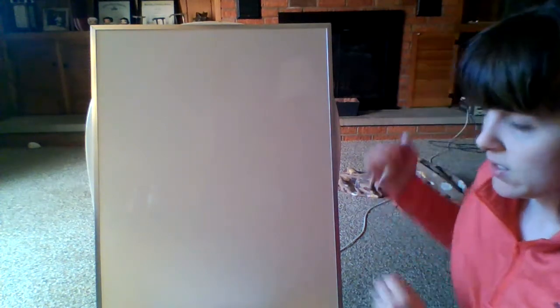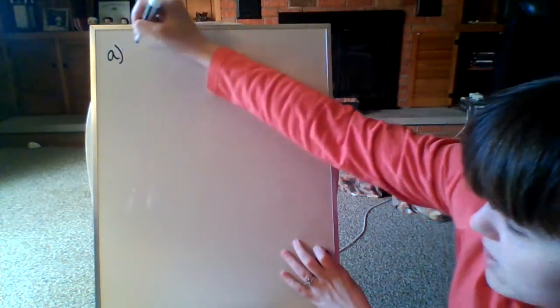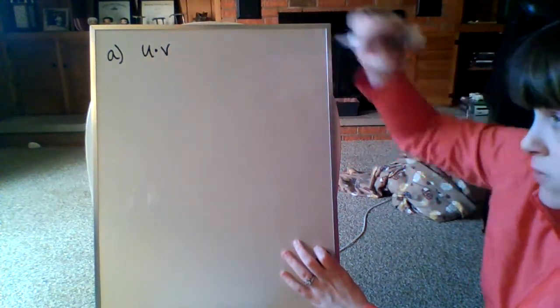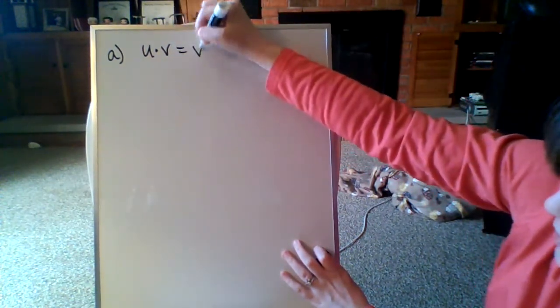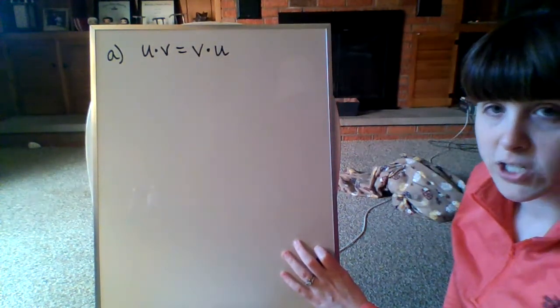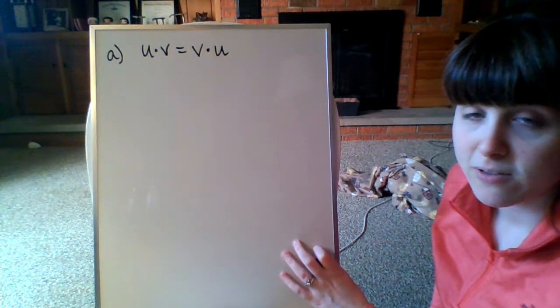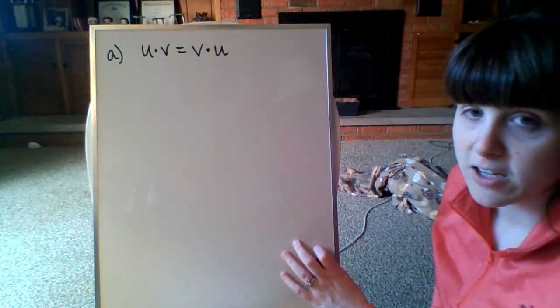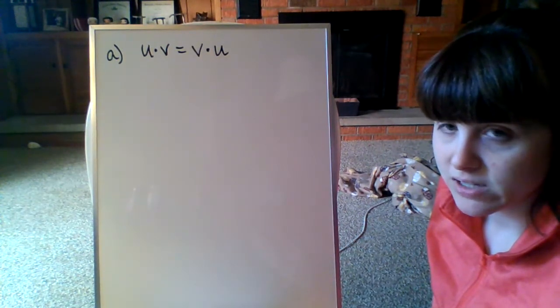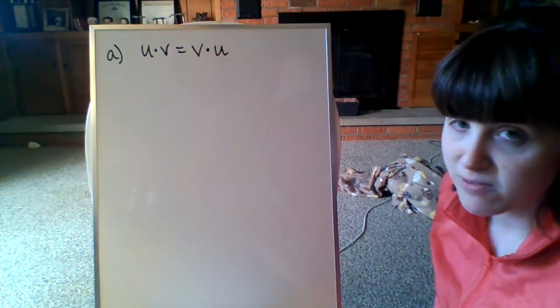For all vectors u, v, and w and real numbers k, the following properties hold true. First property: the dot product of u and v is the same if you did it in the opposite order. That should be true because you're multiplying the first components from each vector and adding the product of the second components, and it wouldn't matter if you put v first or u first.